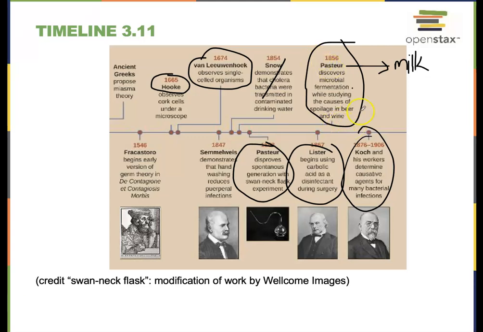And he's French, so the French were really worried about the spoilage in beer and wine. They're a wine loving country. So he was put to work to figure out how to get the wine spoilage down. And he figured out that if you heat the liquid up to a certain temperature to kill most of the microbes, you can keep the substance longer.